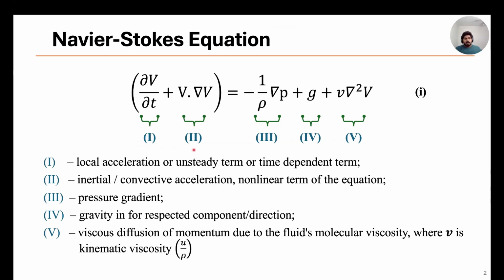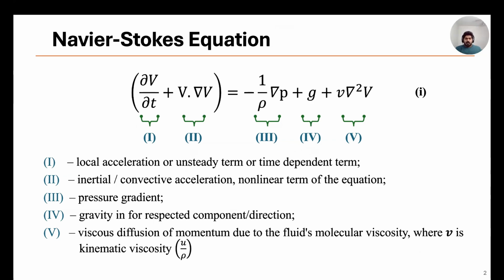The second part is an inertial and convective acceleration term, which deals with the dependence of flow in all the directions. The third term consists of a pressure gradient and must be used if the flow is pressure driven. Further, the fourth term is the gravitational force acting in all the respective directions.